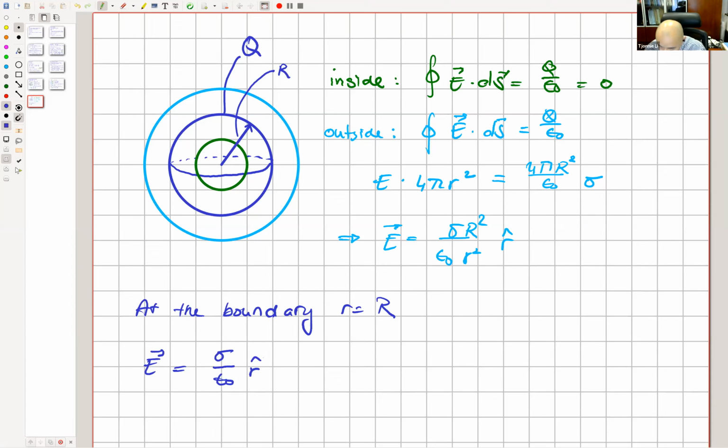And just within the boundary, the field equals 0. You can see the discontinuity here. Just below, it's 0. Right at the boundary, or just above the boundary, it is sigma over epsilon naught at R equals big R.